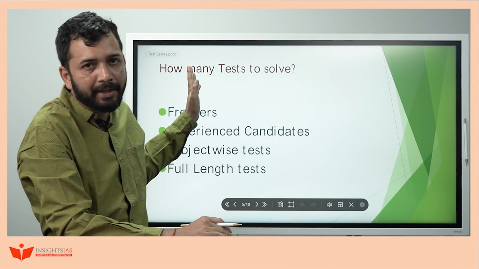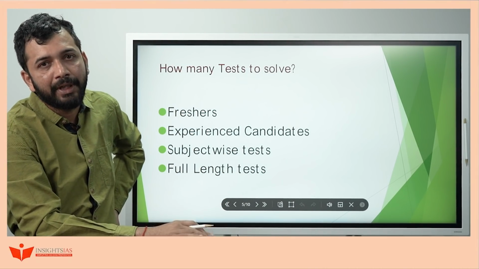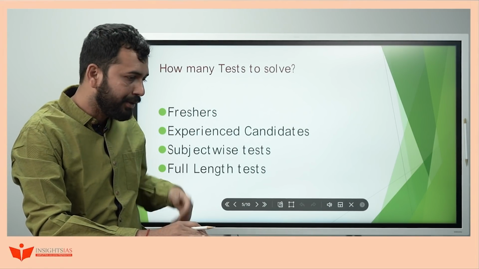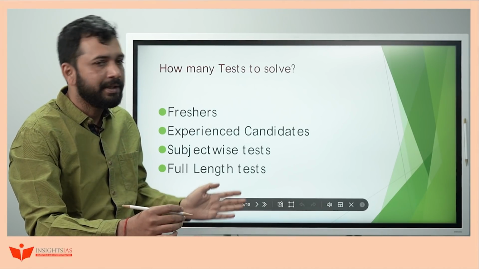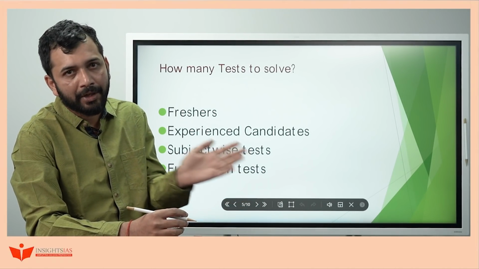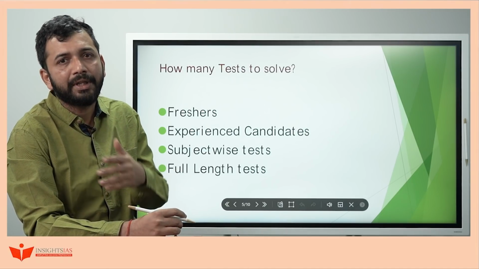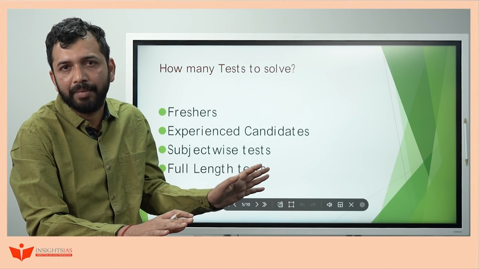Then we move to another question: how many tests to solve? Now this actually entirely depends upon your level of preparation. Let's say if you are a fresher, then it is better that as and when you complete some subject, take a test to check your knowledge, cross check how you are doing, and move on. In the minimum case, 35 to 40 is a fair number of tests to solve.